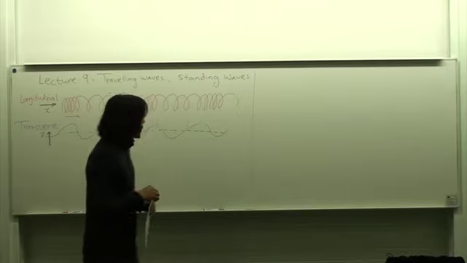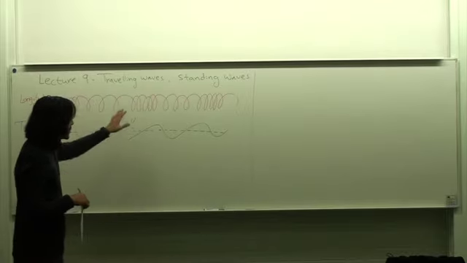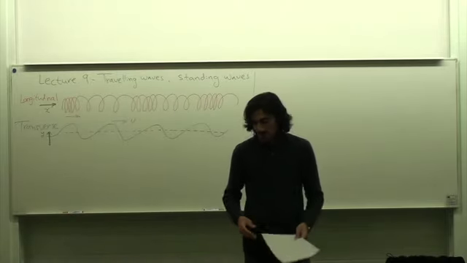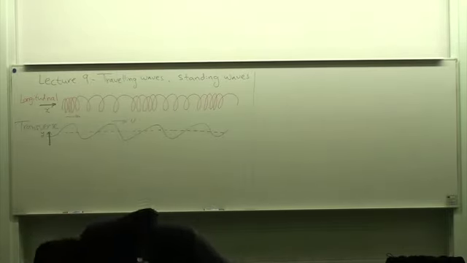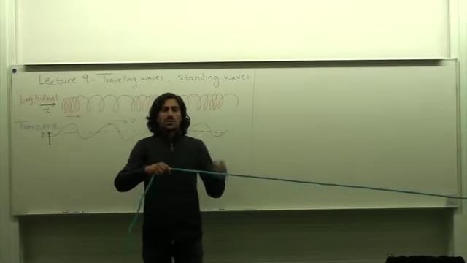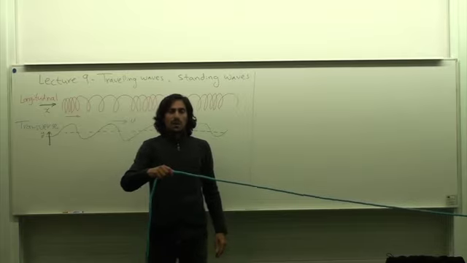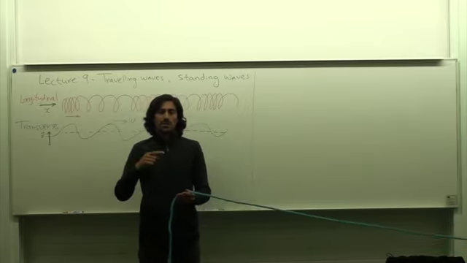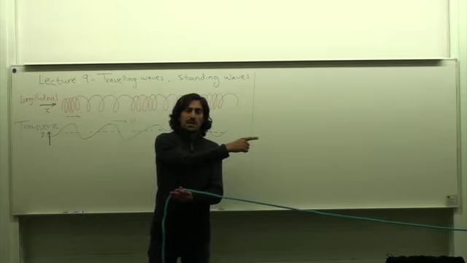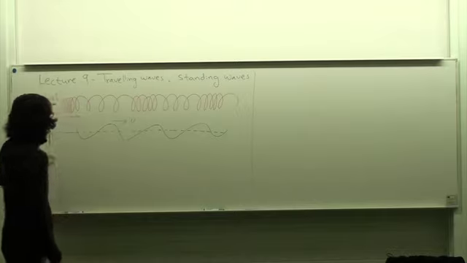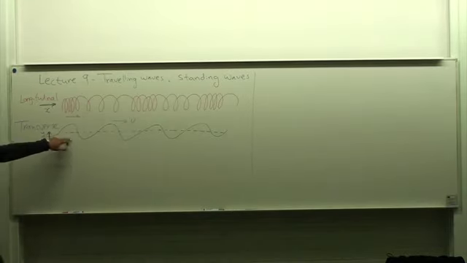Before I start with the analysis, I want to show you two different types of waves. One type is similar to what we've seen last time. If you have a string and I generate a disturbance by moving my hand up and down, in the y direction, and the disturbance is moving in the x direction, that would be a transverse wave, like this one.